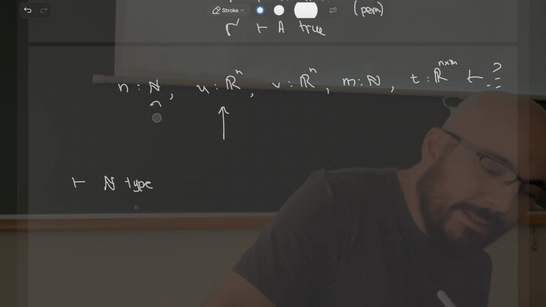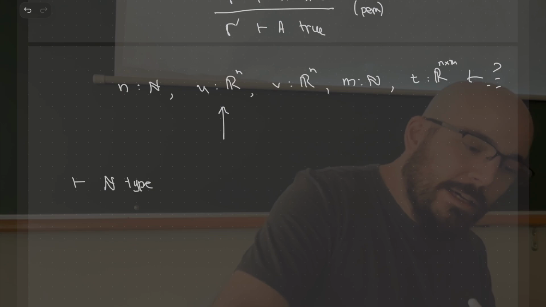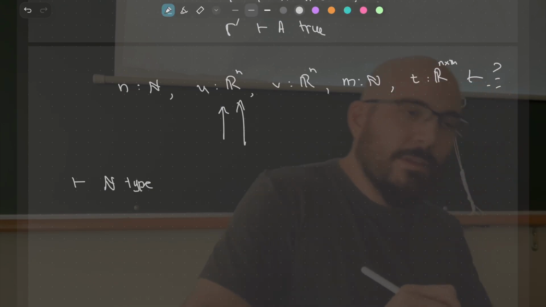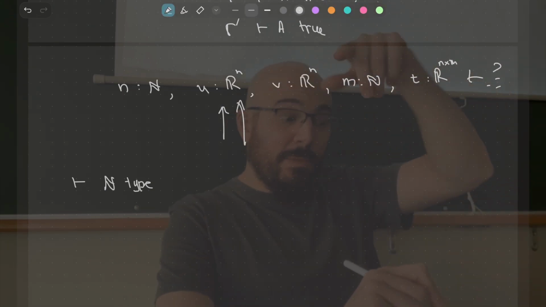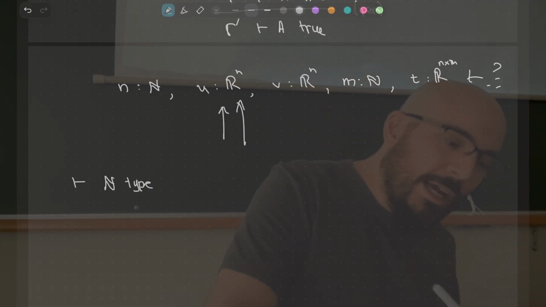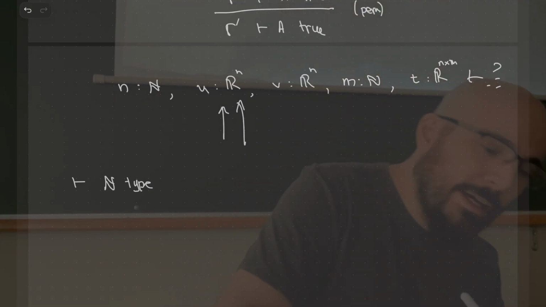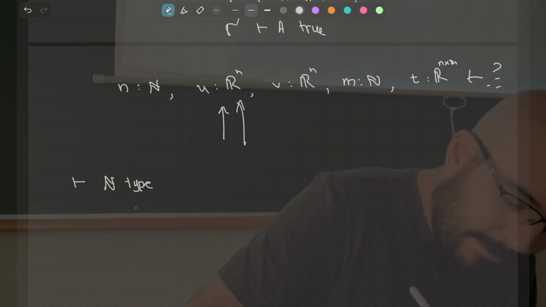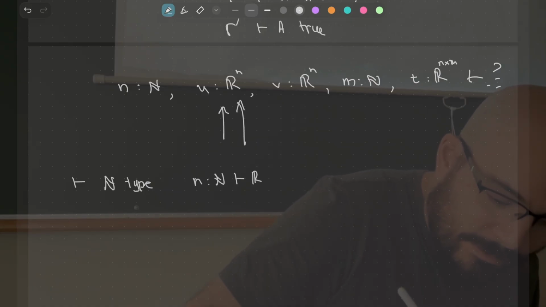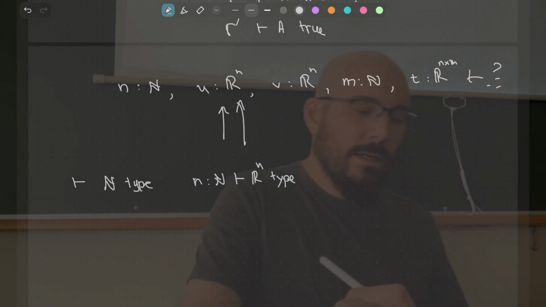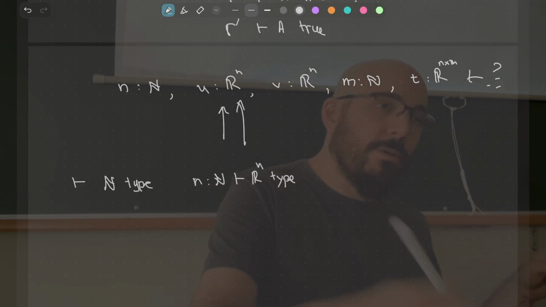Now I'm reading this thing. And what is implicit here? I should be able to have that this thing is a type, but not out of nowhere. I have the right to consult this thing. So here, it is implicit that I have this. And so on and so forth.